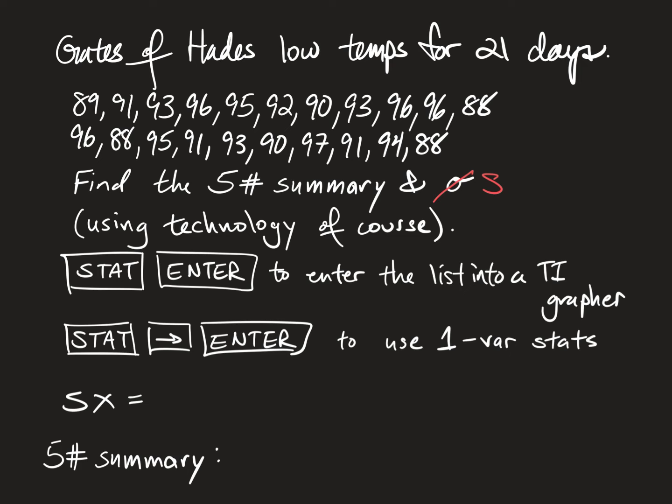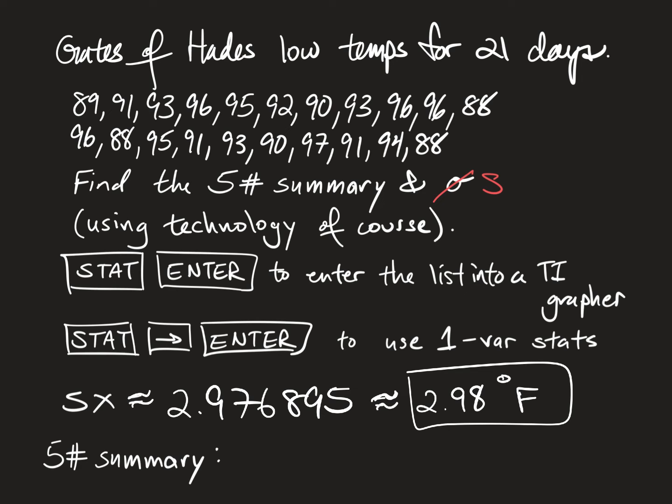So the sample standard deviation here is 2.96895. Yeah, we'll just round this to the nearest hundredth. So we can say 2.98. And in fact, this has a unit, 2.98 degrees. I'm going to assume this is Fahrenheit.